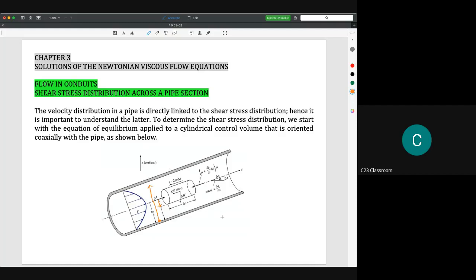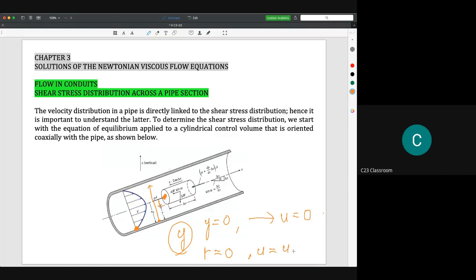So if y equals 0, because we have the no-slip condition here, the velocity is equal to 0. However, if we interpret the velocity according to the polar coordinates, we will find that r equal to 0 is actually at the center of this pipe. So the value is equal to the maximum.